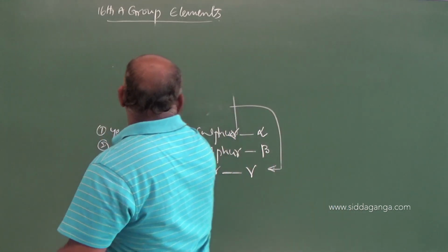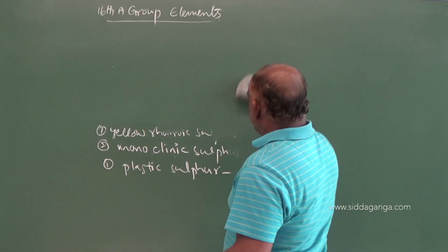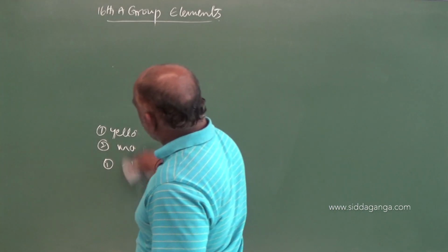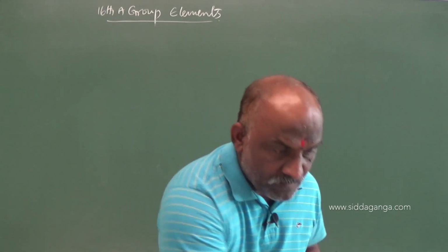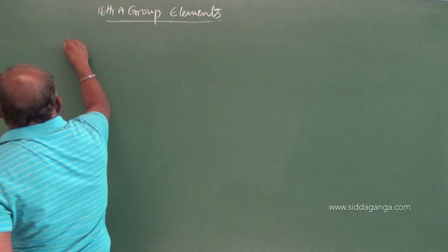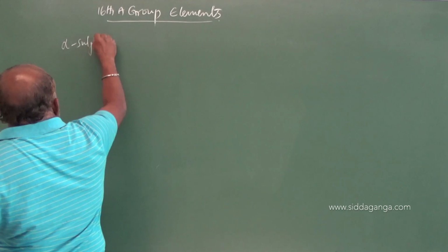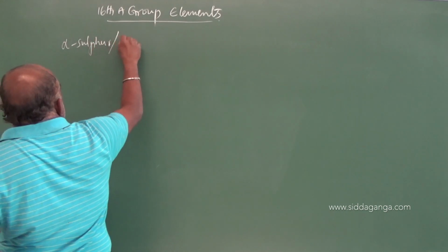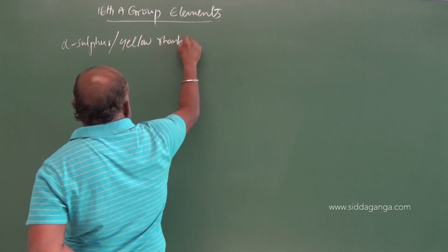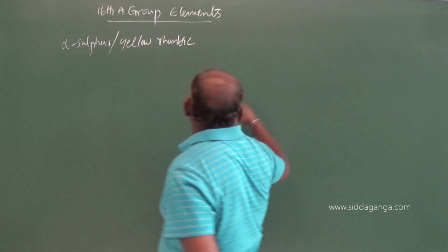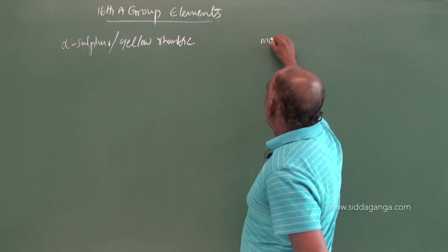So here, alpha sulfur or yellow rhombic. Second one is monoclinic.